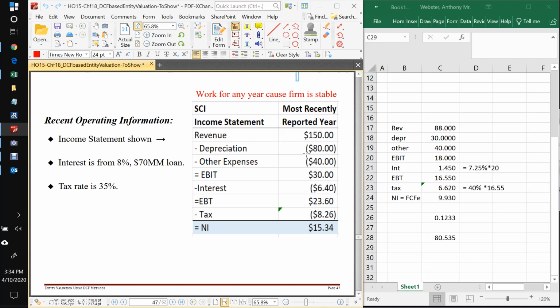These are in millions again. Depreciation, other expenses, EBIT, interest, earnings before tax, tax, net income. So they've got about a 10% profit margin here, which is, again, pretty good, especially for an industrial company like that. What else do we know about them? The interest is from a $70 million loan where they're paying a pre-tax RD of 8%, and the tax rate is 35%.